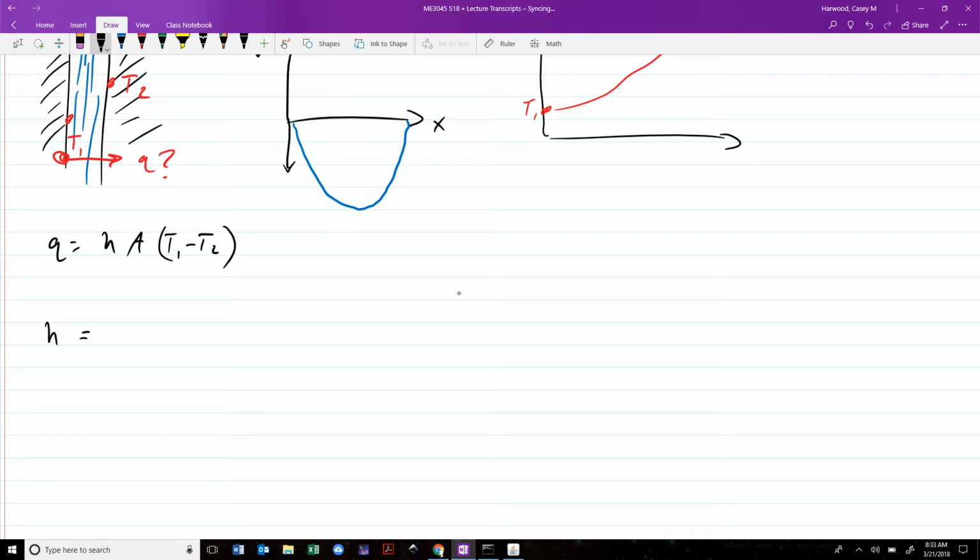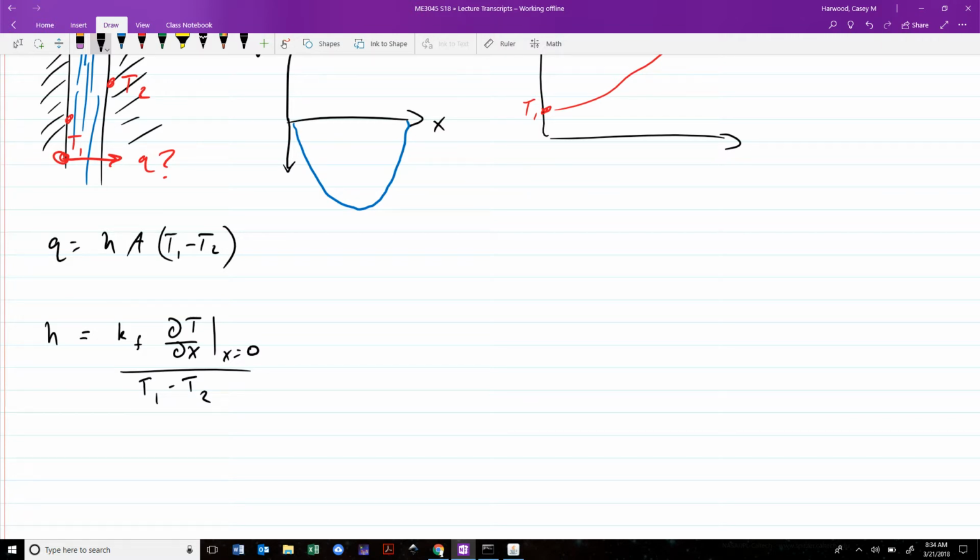So H is equal to Kf dT/dx at x equals 0 over Ts minus T infinity. By plugging in the parameters that were given, Kf, Ts, and in this case, rather than T infinity, we would say T1 and T2, right? So this is given, this is given, this is given, and this is calculated.